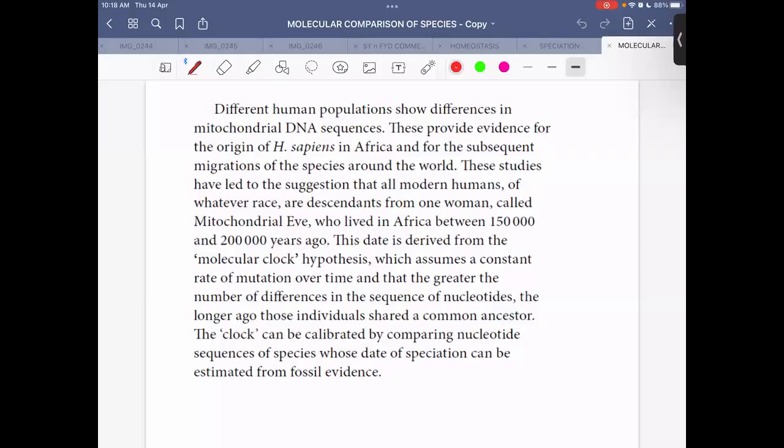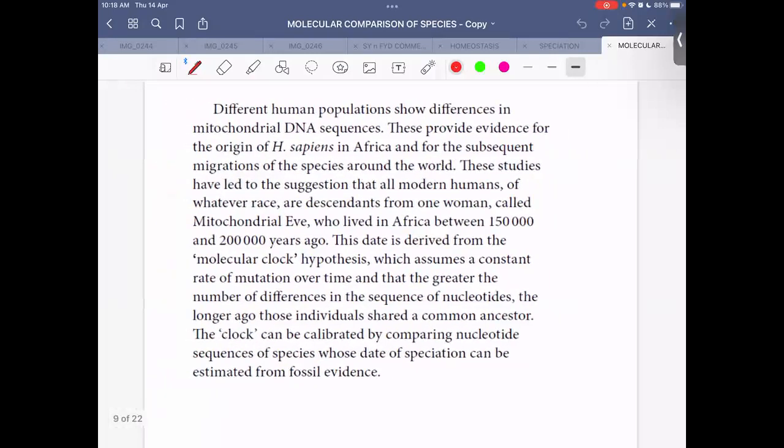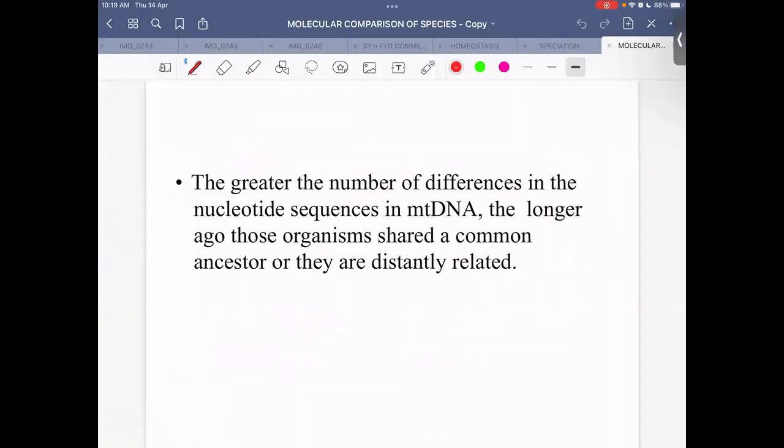Okay, so guys, in the previous recording, you saw that I was explaining the mitochondrial evidence used to find out the evolutionary relationship between different species. I was reading this paragraph, and the final conclusion was that the greater the number of differences in the nucleotide sequences in the mitochondrial DNA, the longer ago those organisms shared a common ancestor, or they are distantly related.